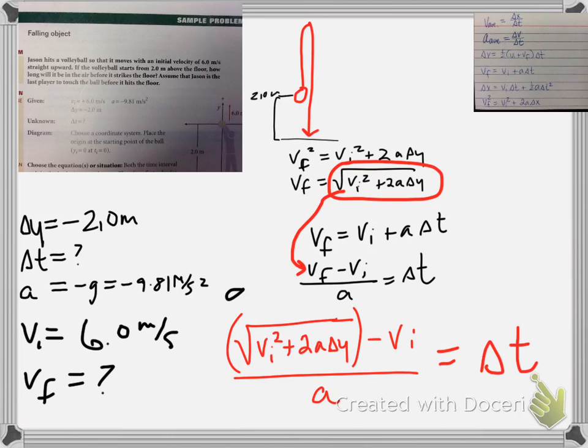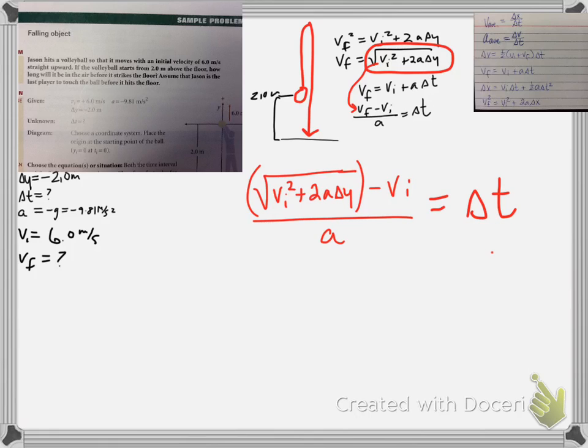So at this point, because I hate the quadratic, we can go ahead and plug in. We've got everything we need. And again, you can walk through and solve for VF first, but it's cleaner and more elegant to do this all in one step. So let's plug in.